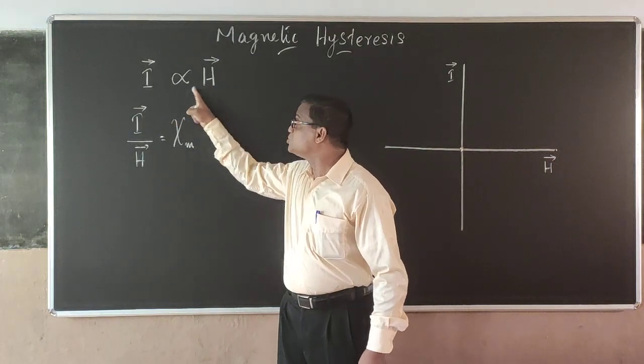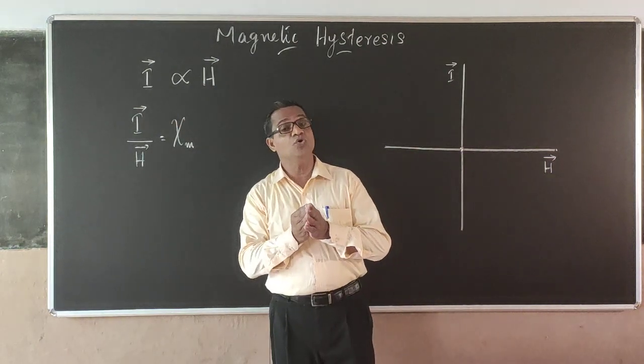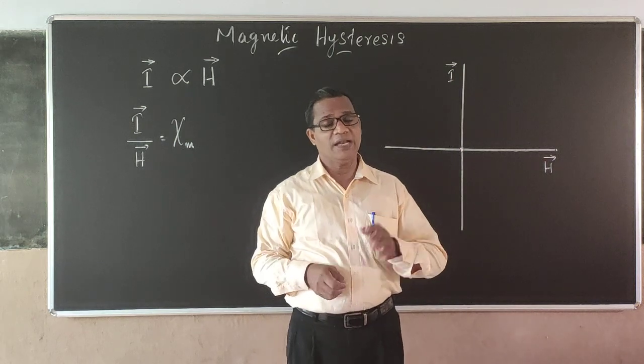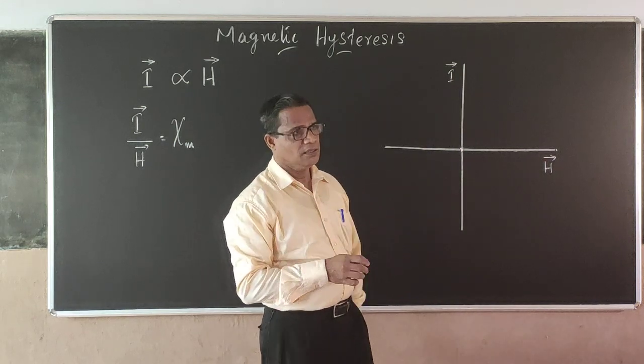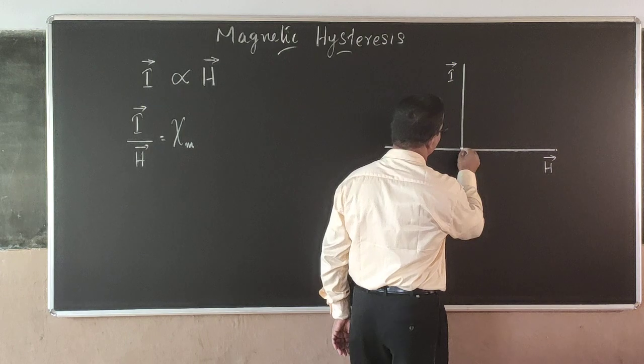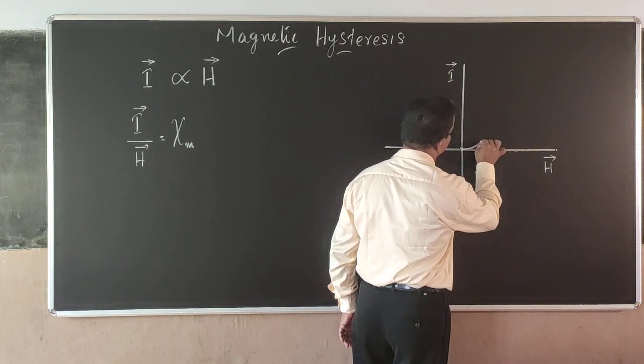Since it must be directly proportional, you would expect a straight, slanted line. But in practice, it is found to be like this.